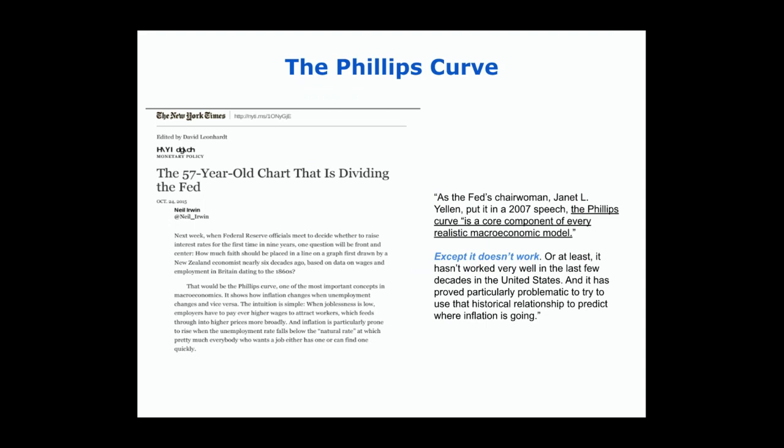So it's interesting. There's a quote by Fed chairwoman Janet Yellen, when she was the Fed chairwoman. She eventually became the Treasury Secretary. She said in a 2007 speech, the Phillips curve is a core component of every realistic macroeconomic model, this trade-off between unemployment and inflation.